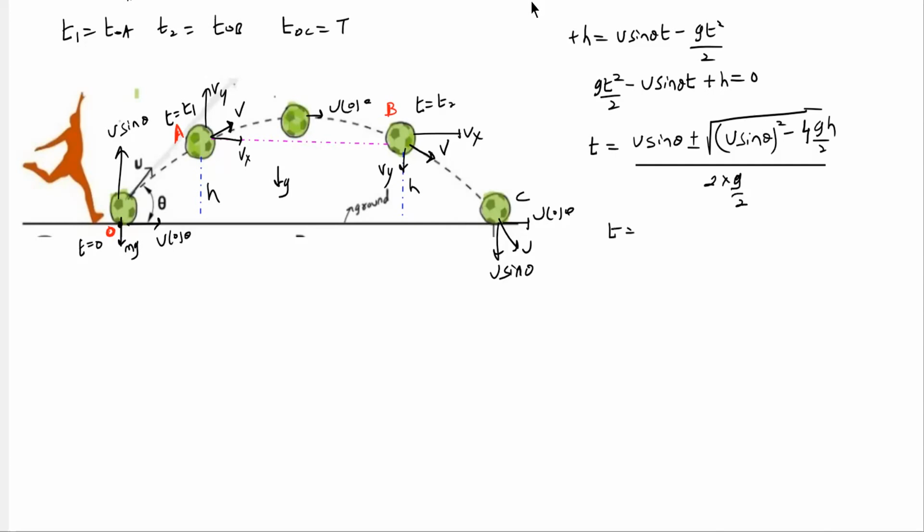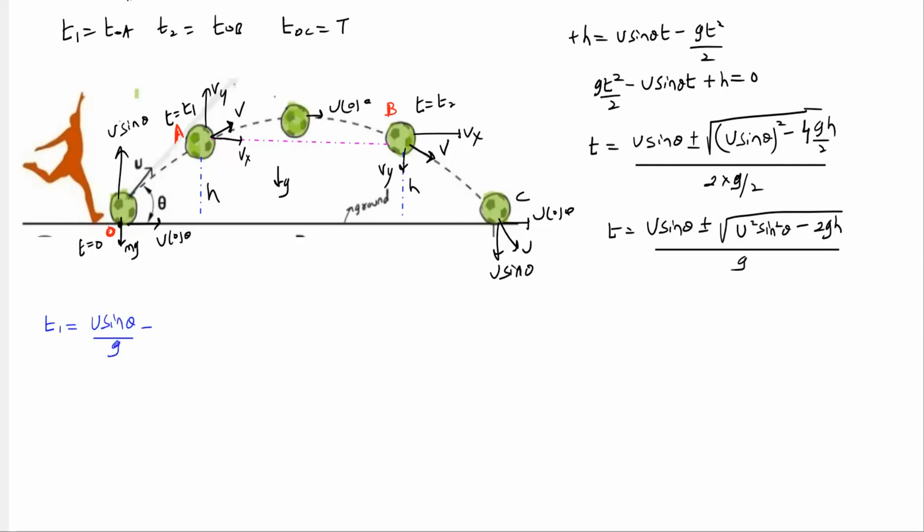This will end up with u sin theta plus or minus the square root of u square sin square theta minus 2gh, whole divided by g. This will break up into two parts. The first one is T1, u sin theta by g minus the square root term.